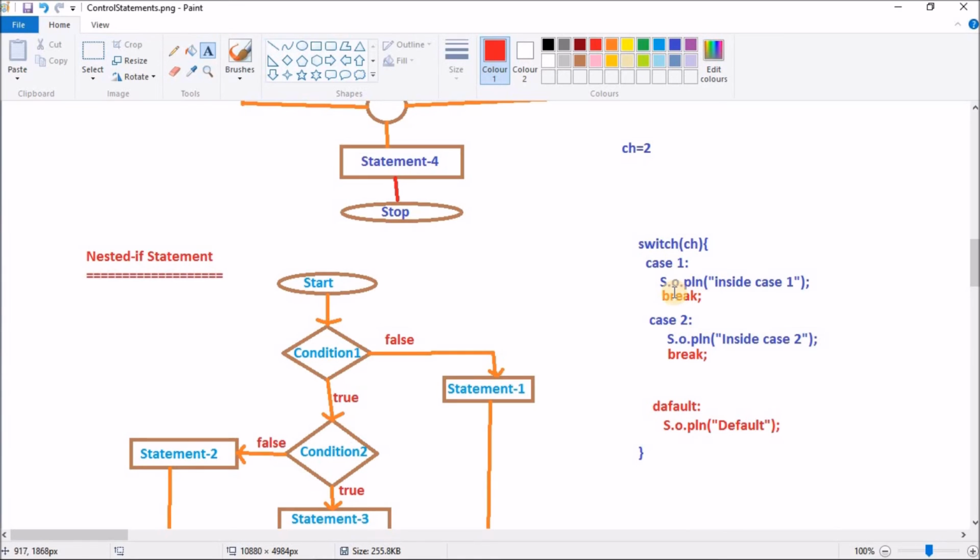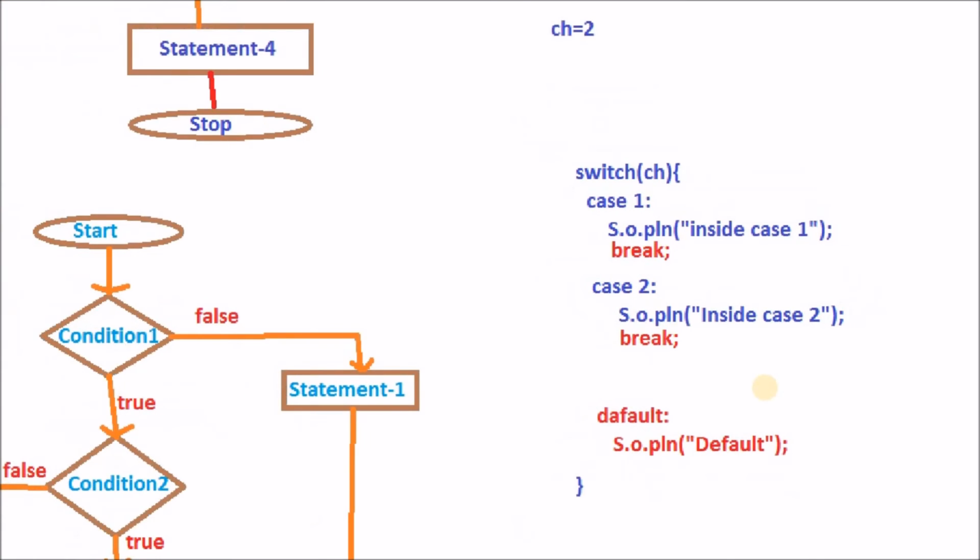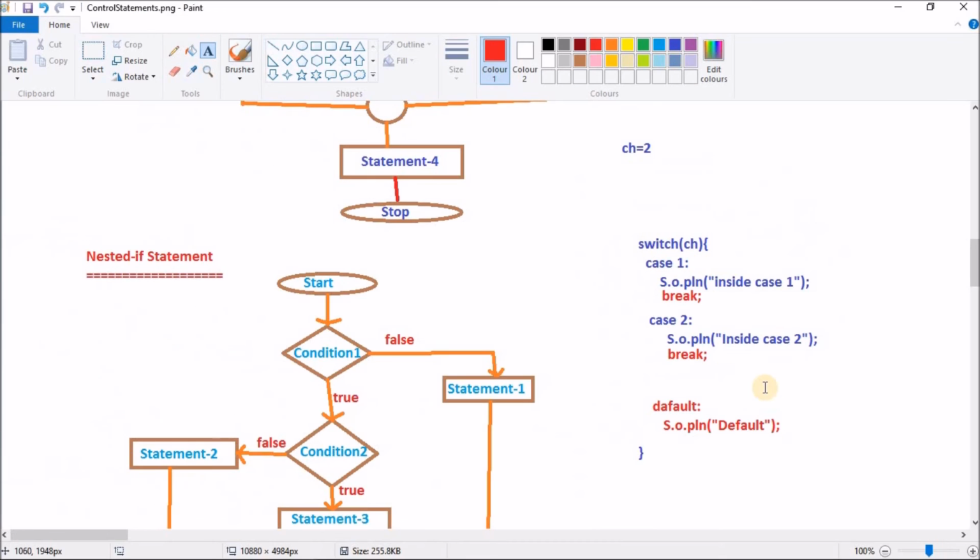If all these cases are invalid, like false, then control comes to this statement and it is executed. As I said in the if-else ladder, where I use an else block to give an invalid request message, here I use default, similar to that.